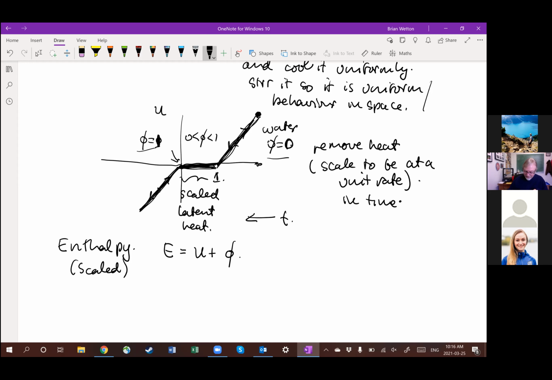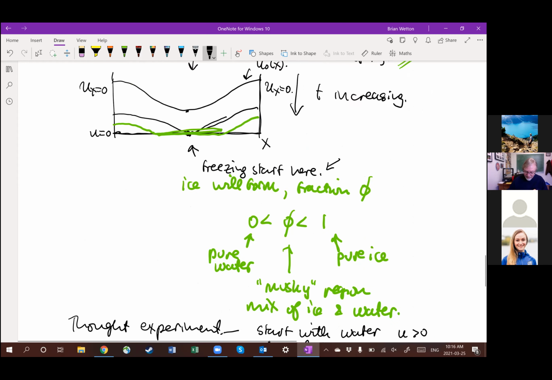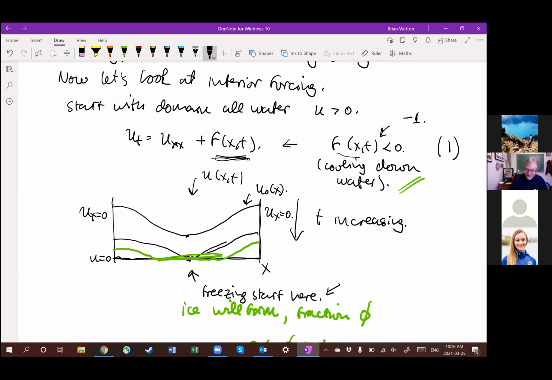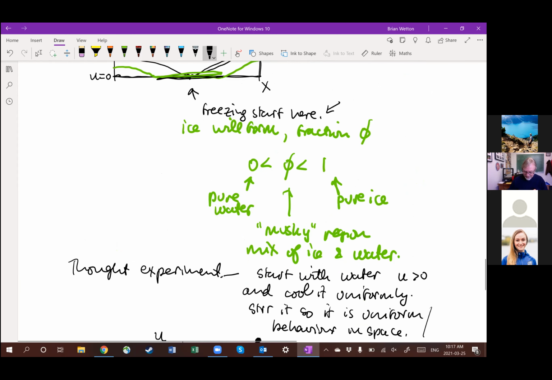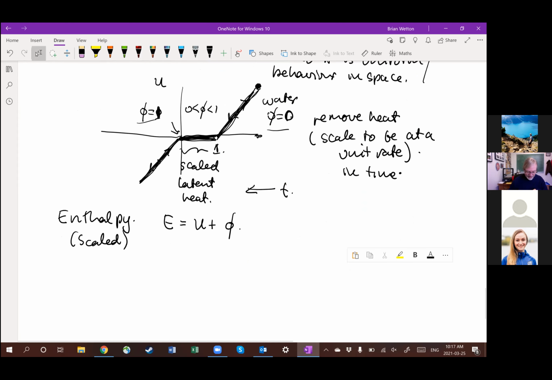So now we started off with this heat equation for the temperature in the water. When ice starts to form, that doesn't work, because you're still removing heat, but the temperature is not changing. Well, that's the enthalpy at work.